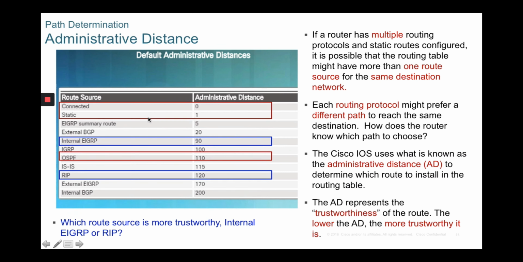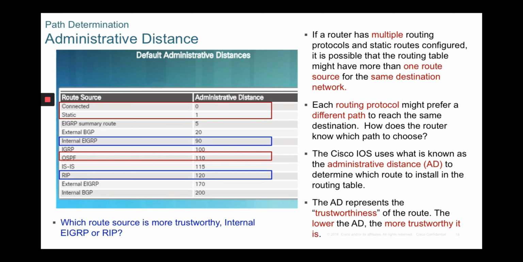Now, if I have two routing protocols configured in a router, for example, internal EIGRP, which by default is 90 AD, and Routing Information Protocol, which is RIP, using the value of 120, the router has to choose which path to reach the destination.